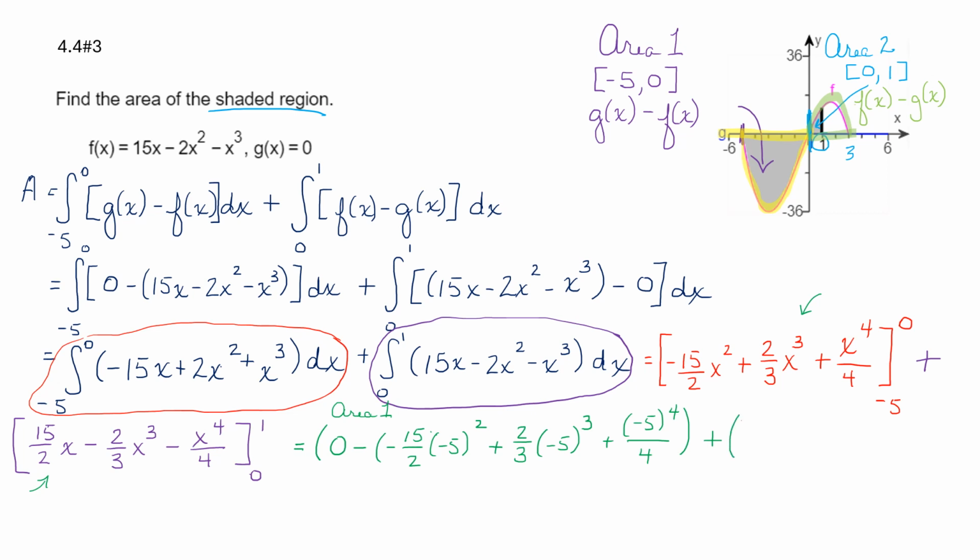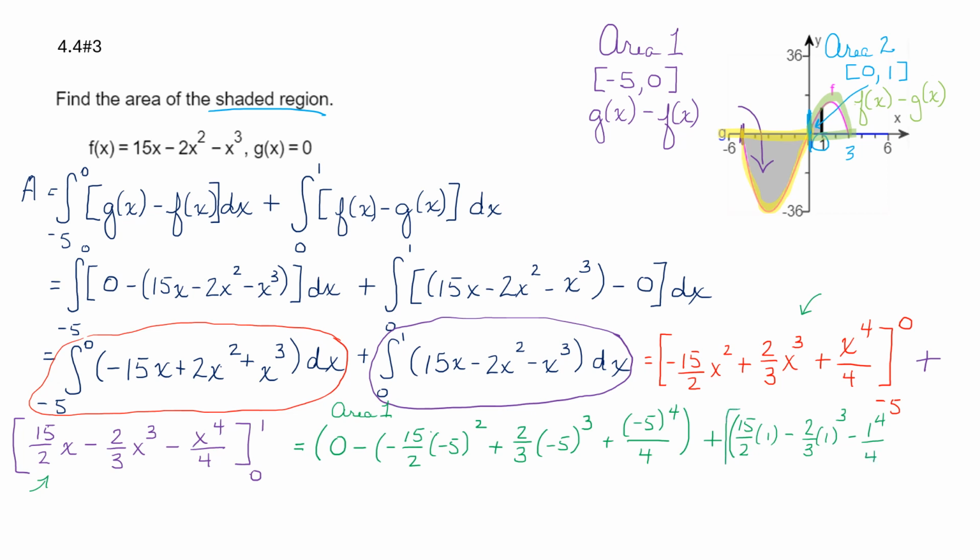So we'll have 15 over 2 times 1 minus 2 over 3 times 1 to the third minus 1 to the fourth over 4.